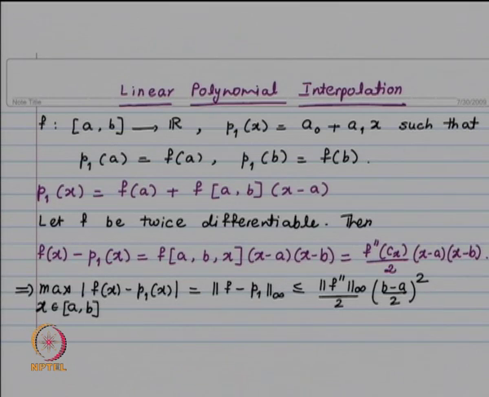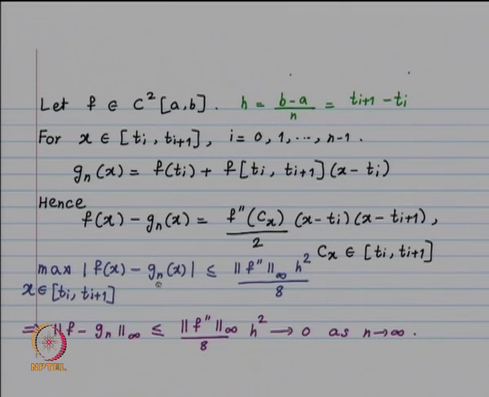So, the same bound works for each interval [t_i, t_{i+1}], and we get the norm of f minus g_n, its infinity norm, to be less than or equal to the norm of f double dash, infinity, divided by 8, times h squared.